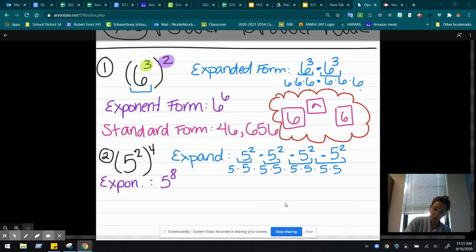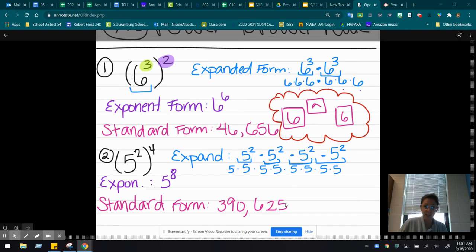And then lastly, you can use your calculator to go ahead and simplify that. I'm going to use that caret button. 5 caret 8, or 5 to the 8th power. And I get a huge number. 390,625 is the standard form.